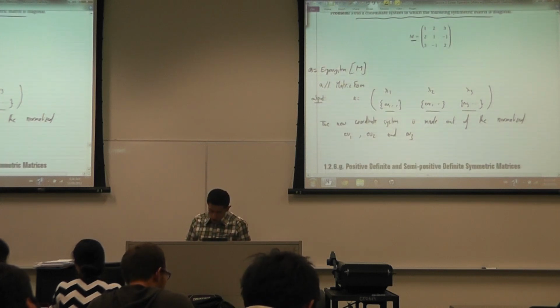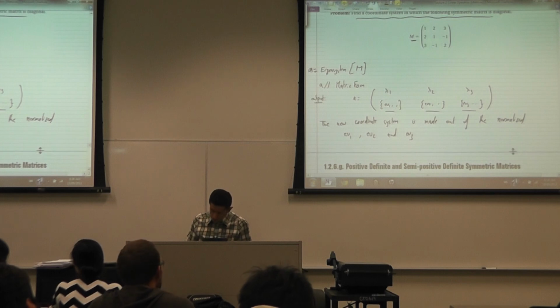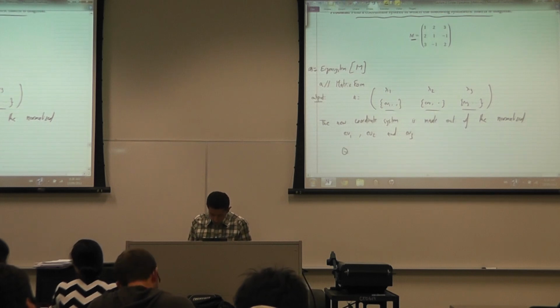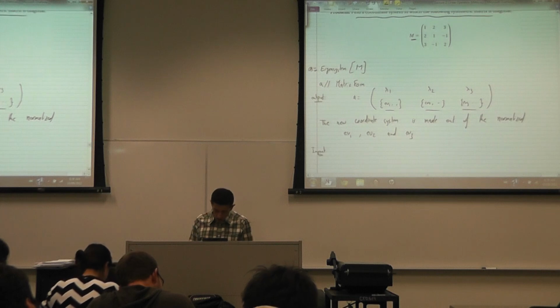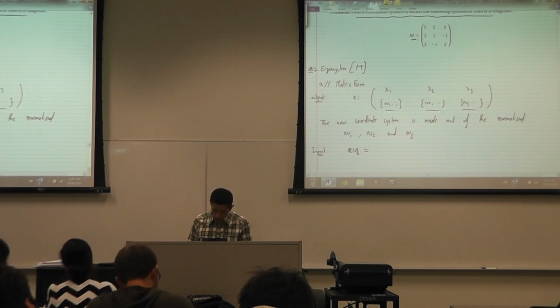So, if you take Q, now this is input. If you define eigenvector 1 as equal to the second row, the first entry. Eigenvector 2 is the second row, the second entry.